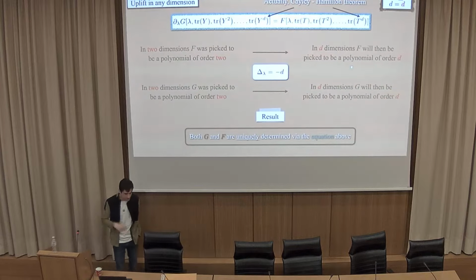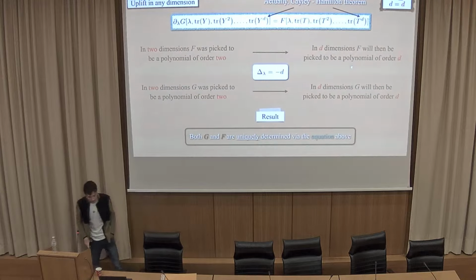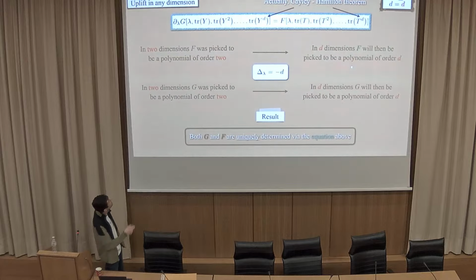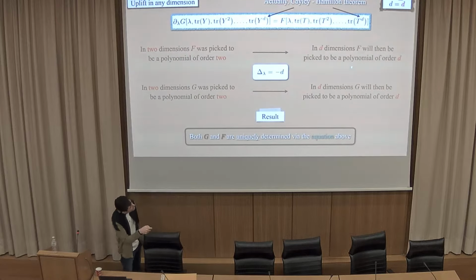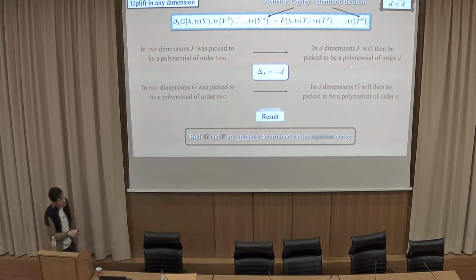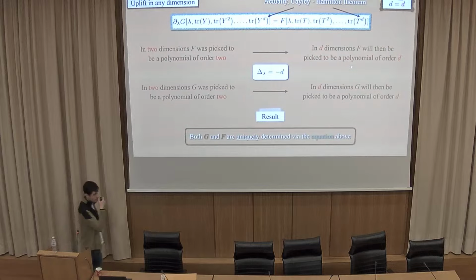Okay, we still don't know what the operator would be in higher dimensions than 2. In 2 dimensions, the only guiding principle we have is that f was fixed to be polynomial of degree 2. So in d dimensions we would expect it to be polynomial of degree d. Immediately this fixes the scaling dimension to be minus d.